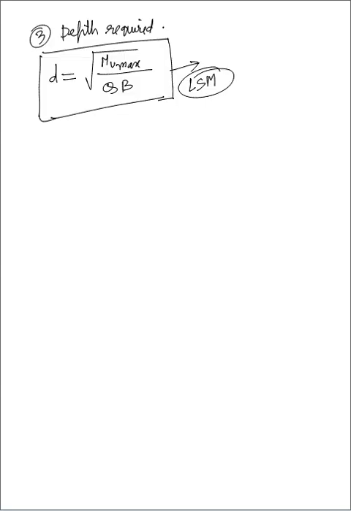Then for step number 4, the fourth step is check for single shear, that is one way shear. Now again I am drawing the same figure.